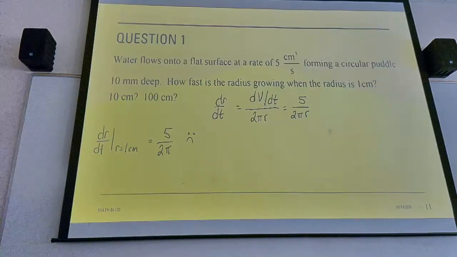Physics friend, what's missing? What are the units? Centimeters cubed in the numerator, or centimeters cubed divided by seconds, divided by radius, which is in centimeters. If I'm not mistaken, it should be centimeters squared.